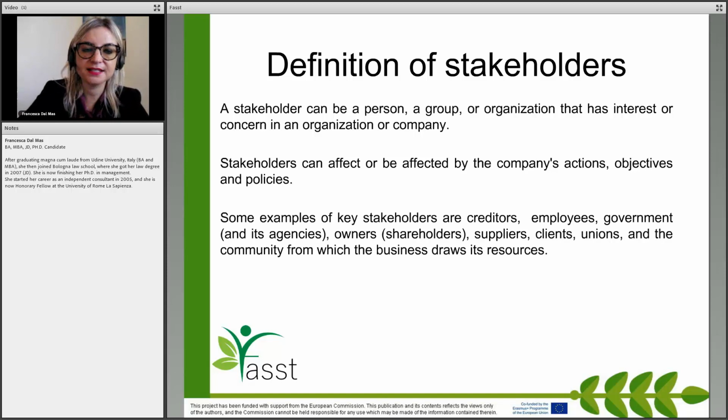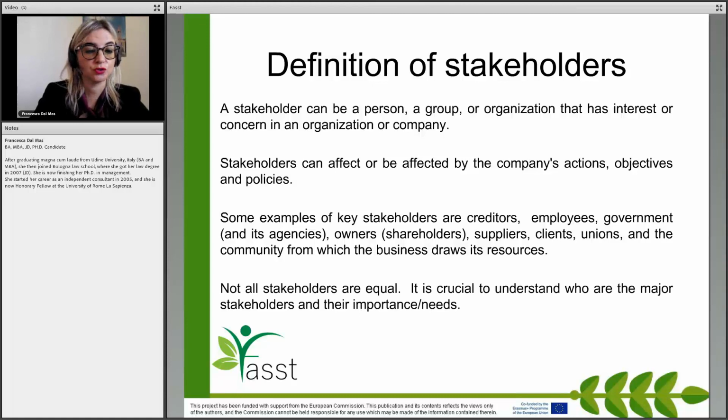Some examples of key stakeholders are creditors, the employees, the government or public bodies and its agencies, the owners, shareholders or partners of the company, the suppliers, the clients, the unions of workers, and the community from which the business draws its resources.